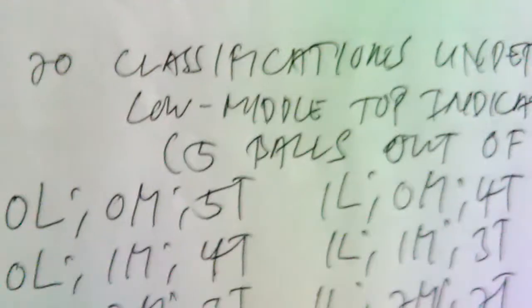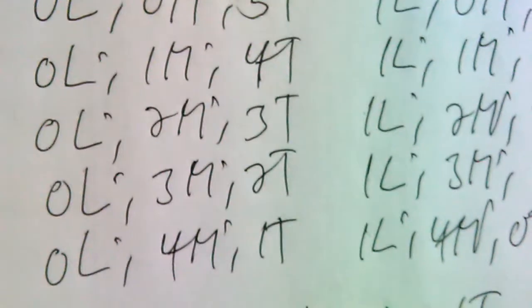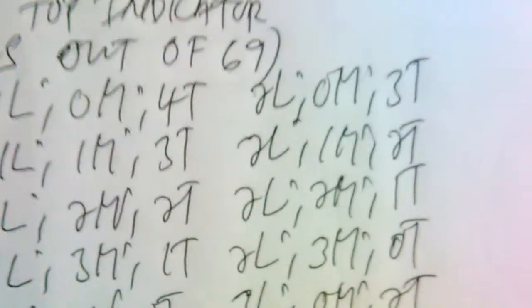Under the low middle top indicator, we have 0 low, 0 middle, 5 top; 0 low, 1 middle, 4 top; 0 low, 2 middle, 3 top; 0 low, 3 middle, 2 top; 0 low, 4 middle, 1 top; 1 low, 0 middle, 4 top; 1 low, 1 middle, 3 top; 1 low, 2 middle, 2 top; 1 low, 3 middle, 1 top; 1 low, 4 middle, 0 top; 2 low, 0 middle, 3 top; 2 low, 1 middle, 2 top; 2 low, 2 middle, 1 top; 2 low, 3 middle, 0 top; 3 low, 0 middle, 2 top.